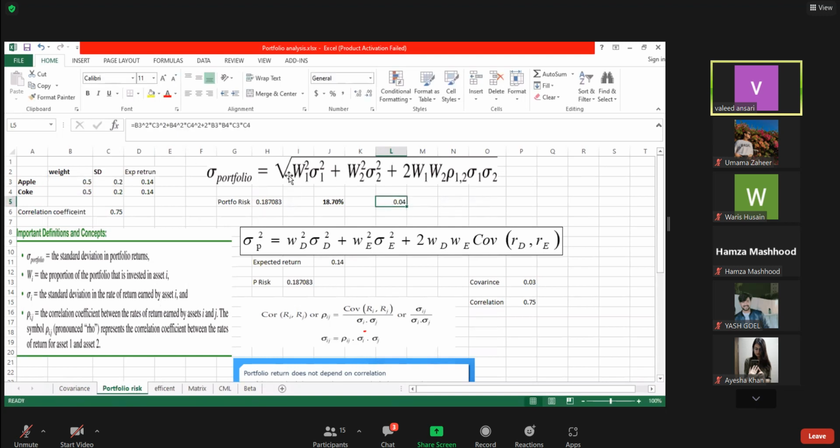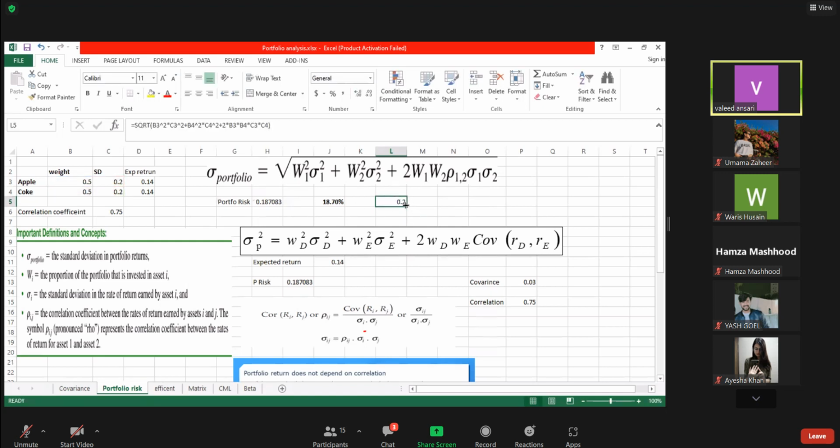But if you want to take the square root of this thing, so what we will do is add a square root here. Okay. Just click here and close the bracket and hit enter. So we are getting this thing.